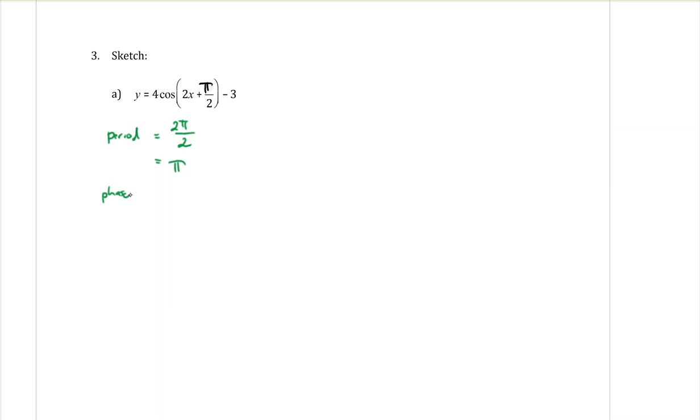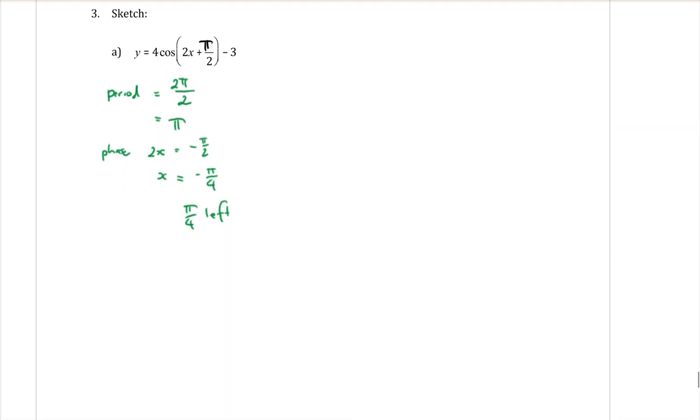How do I work out my phase difference? I take my 2x plus pi over 2, set it equal to 0, move the pi over 2 across the other side, so minus pi over 2, and then divide by 2 on both sides, it would be minus pi over 4. So what that means is that I'm moving pi over 4 to the left.